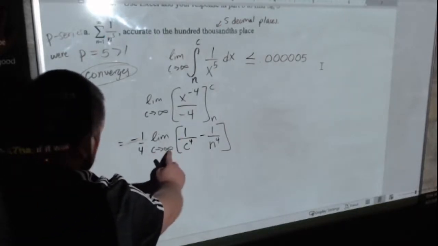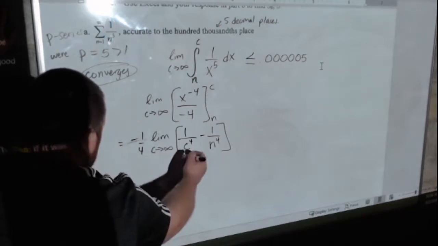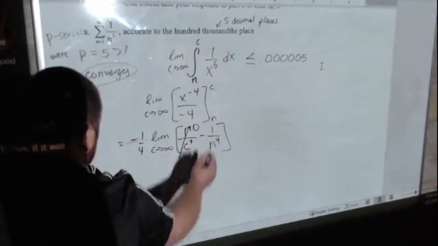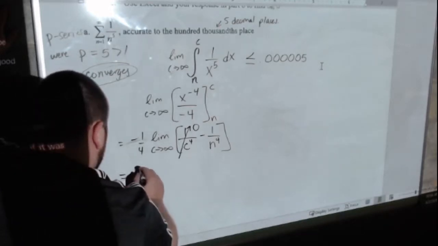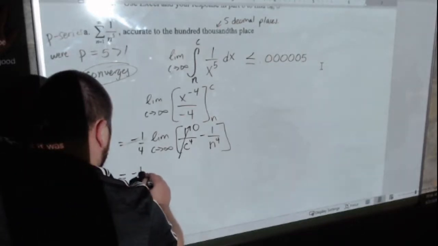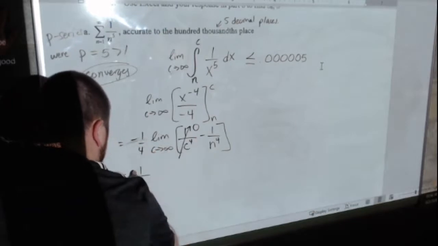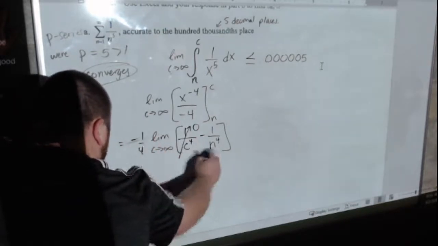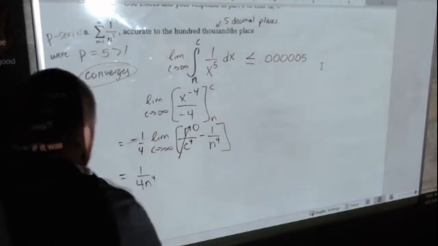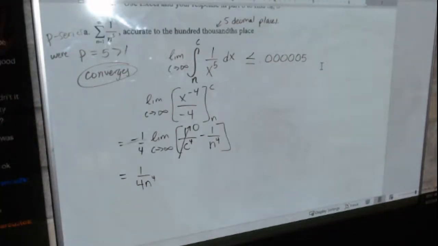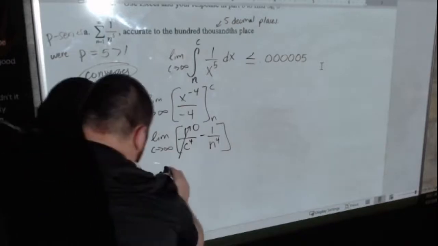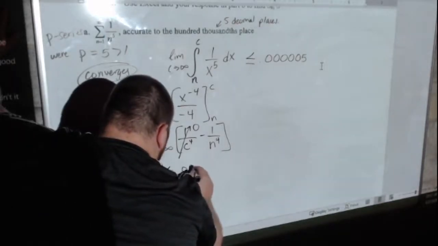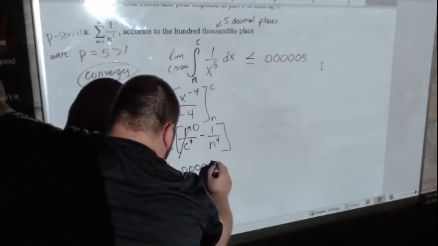The limit as c approaches infinity makes this term go to 0. And so we're left with minus 1 over, well, it's negative times negative, so it's plus 1 over 4n to the fourth. And that has to be less than or equal to this decimal that I've come up with.